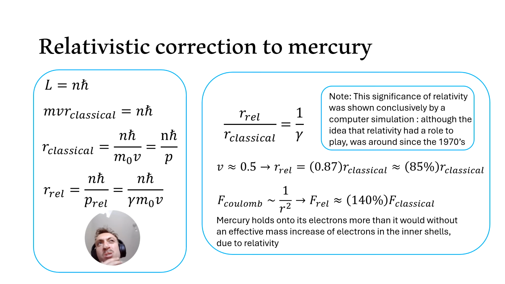Now, as I mentioned, the idea that mercury was a liquid at room temperature thanks to relativity has been around since the 1970s. Before that, it was shown that relativity does have effects on transition metals, like the reason gold has the colour of gold is actually thanks to relativity.